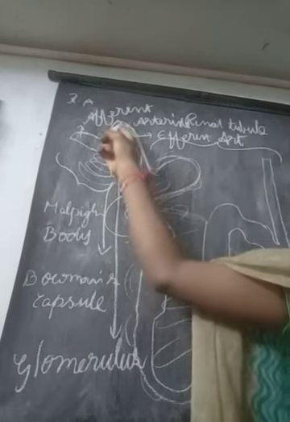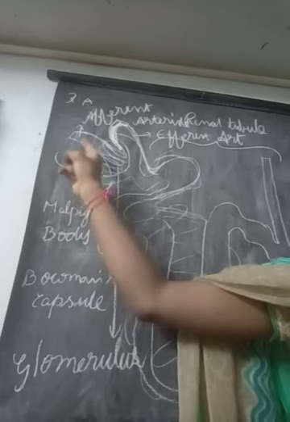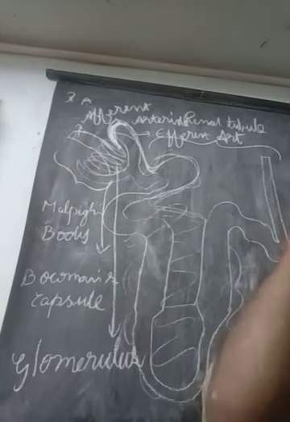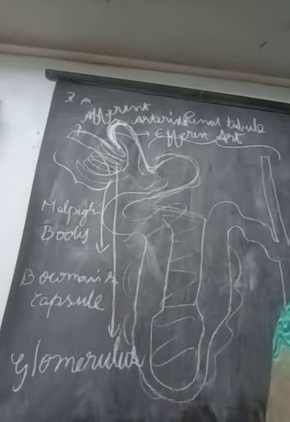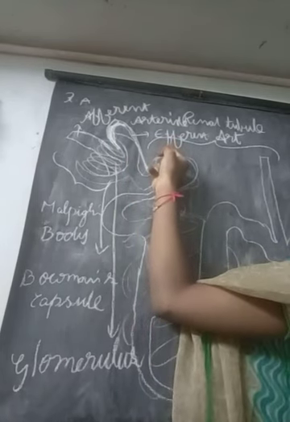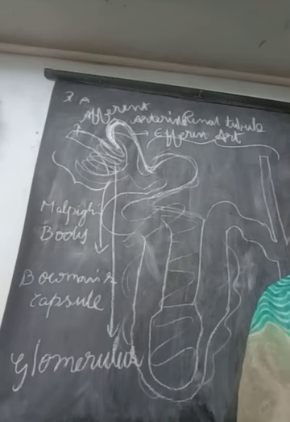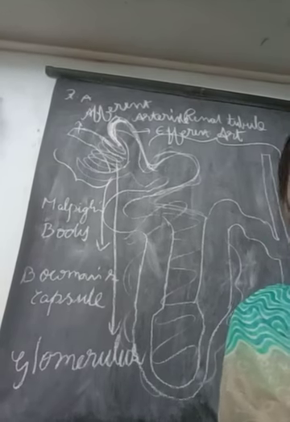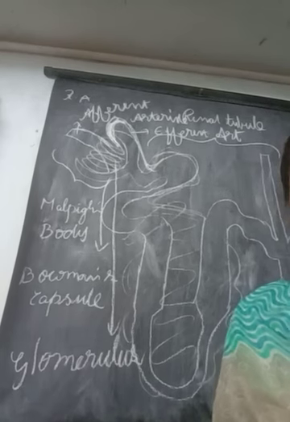The afferent arteriole enters the nephron and forms the glomerulus, and it leaves the Bowman's capsule in the form of the efferent arteriole. Afferent means coming in, efferent means going out. Is this point clear or not?